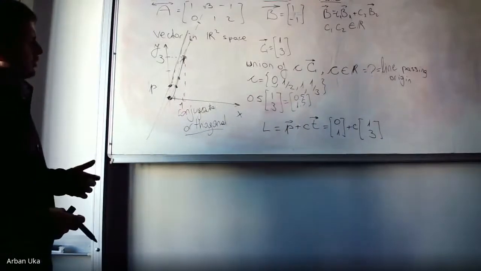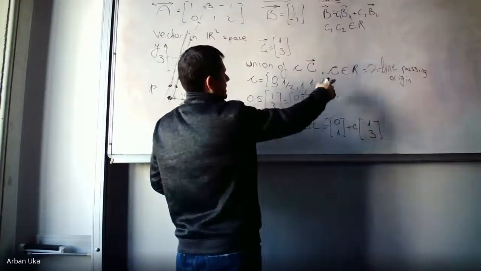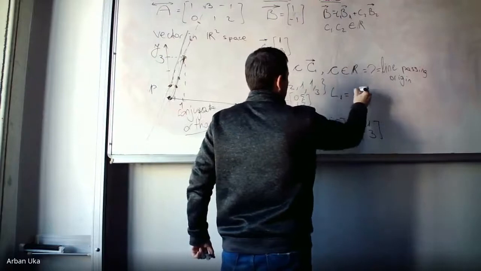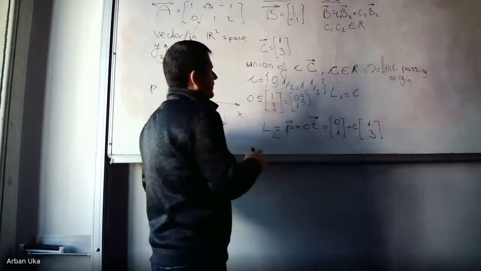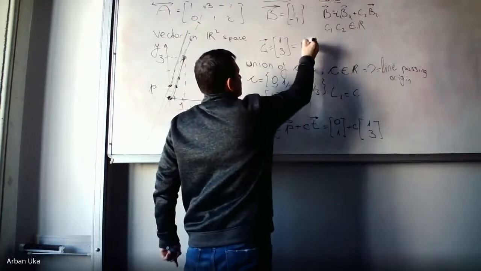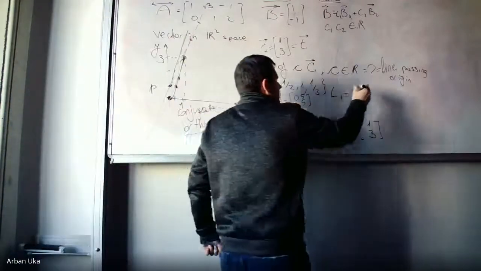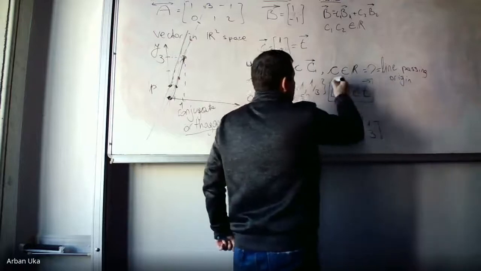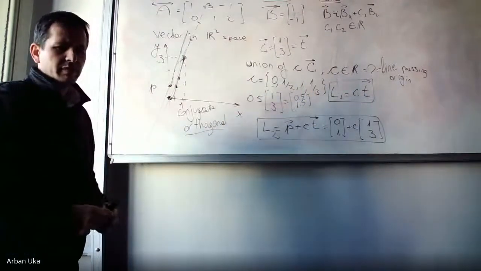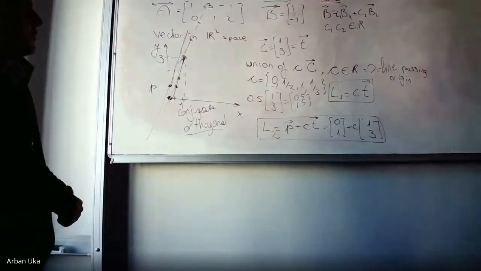Let's call this line L2, and the other one, C times T, L1. Assume that this vector is T. We can see that lines L1 and L2 are parallel to each other, but one passes through the origin and the other passes through the point (0, 1).